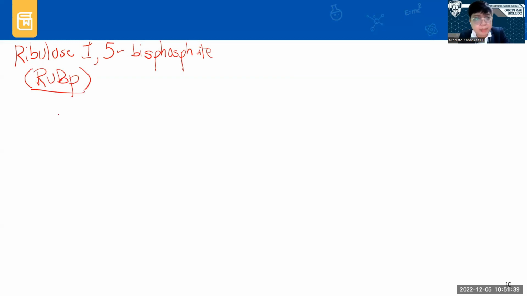So, this molecule, meron siyang 5 carbon. Now, imagine each circle na i-draw ko, that's a carbon molecule. So, we have 1, 2, 3, 4, 5. Tapos, may naka-attach sa kanyang dalawang phosphate. Okay? So, phosphate na isa, naka-attach doon sa first carbon.